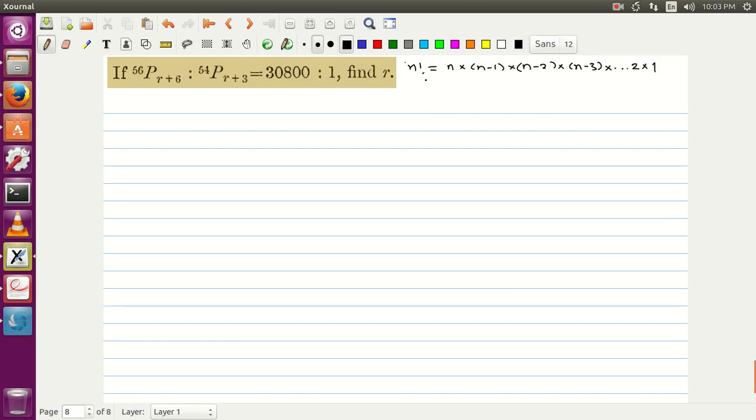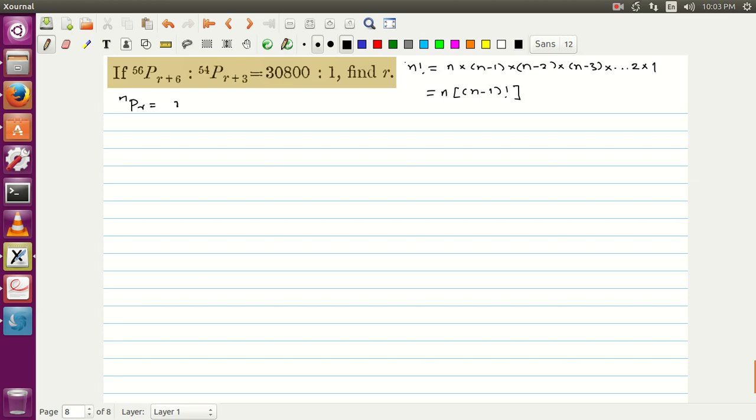So we can write n factorial as n times, what is this from n minus 1, n minus 2? This is simply n minus 1 factorial, right? So we can write n factorial as n times n minus 1 factorial, and we will use this result while solving this problem. So we know that 56P(r plus 6), so we know what is nPr, okay?